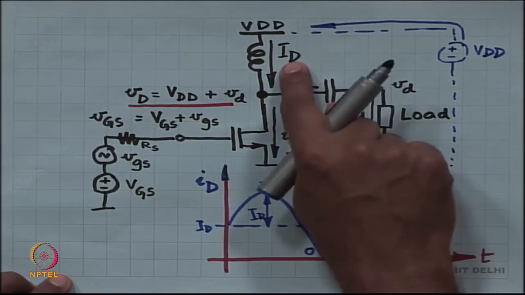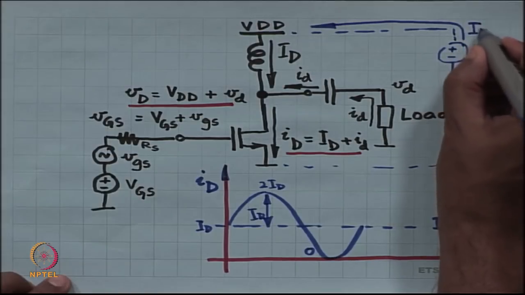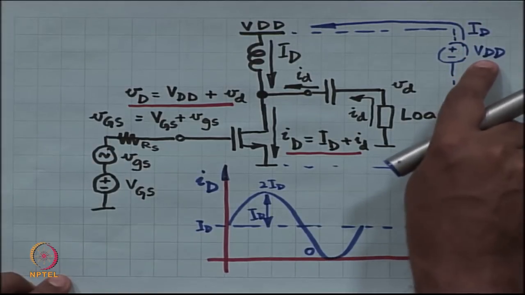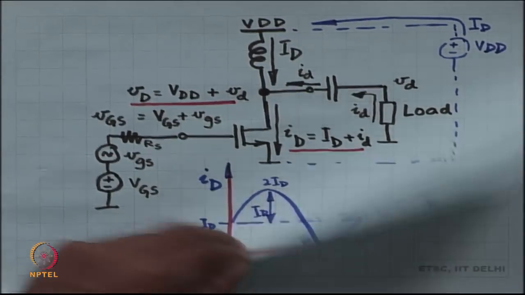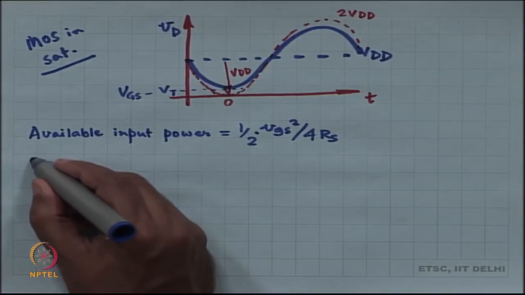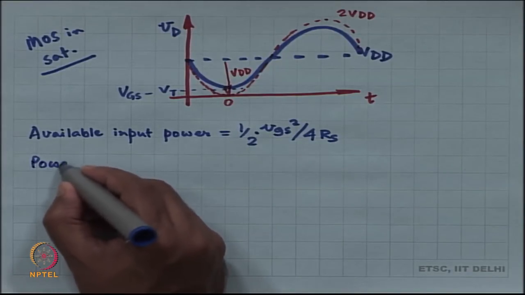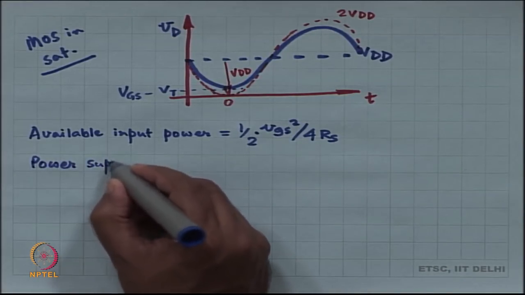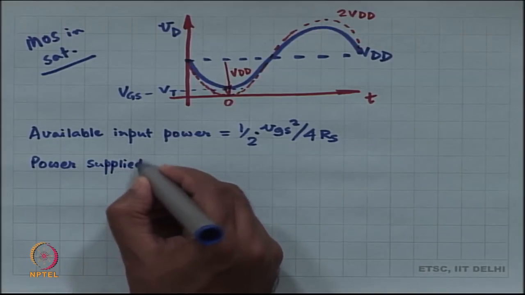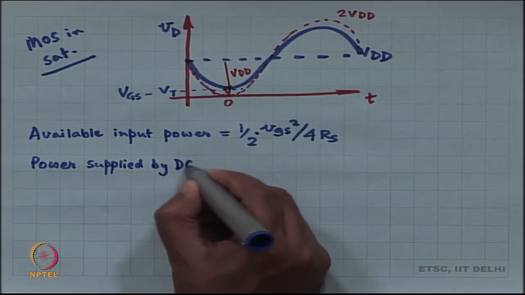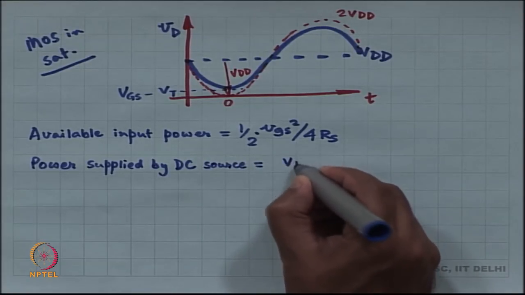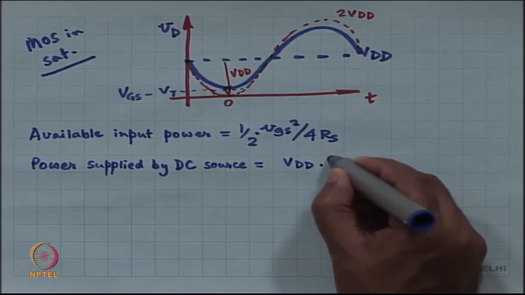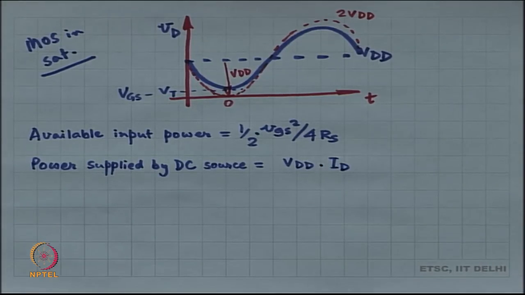It is pushing ID amount of current, which means that the power supplied by this DC power supply is VDD times ID, and these are at DC, right. VDD and ID are both DC quantities. So, there is no half or anything. Okay, great.